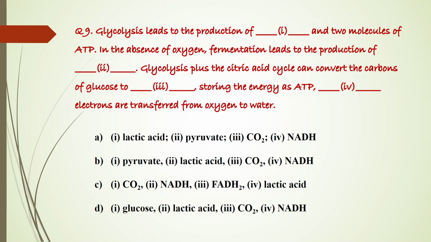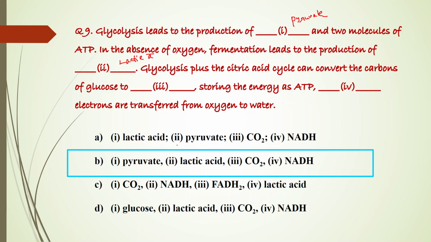So the first one is pyruvate, and second one is lactic acid. So up to this, if you know, you can already distinguish the correct option. What should be that? Option number B. Even if you just know these two, you should be able to answer this question.